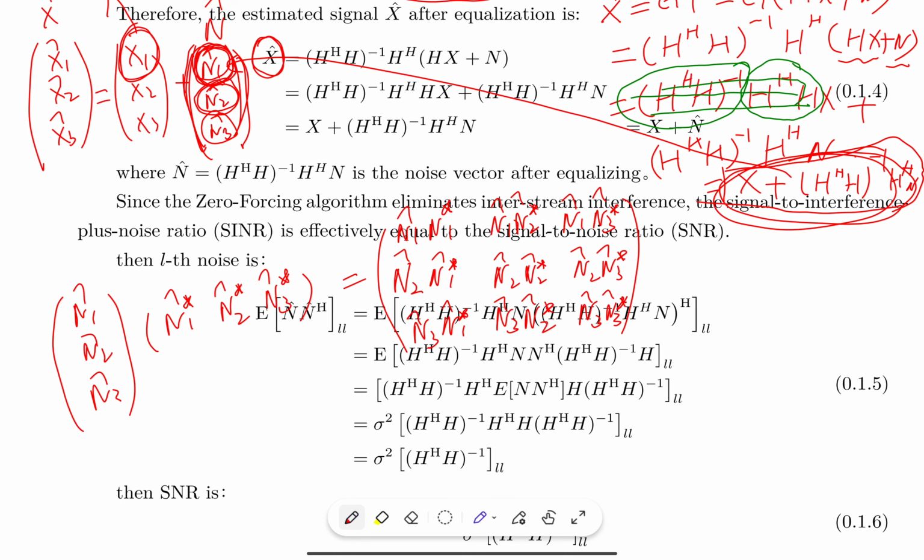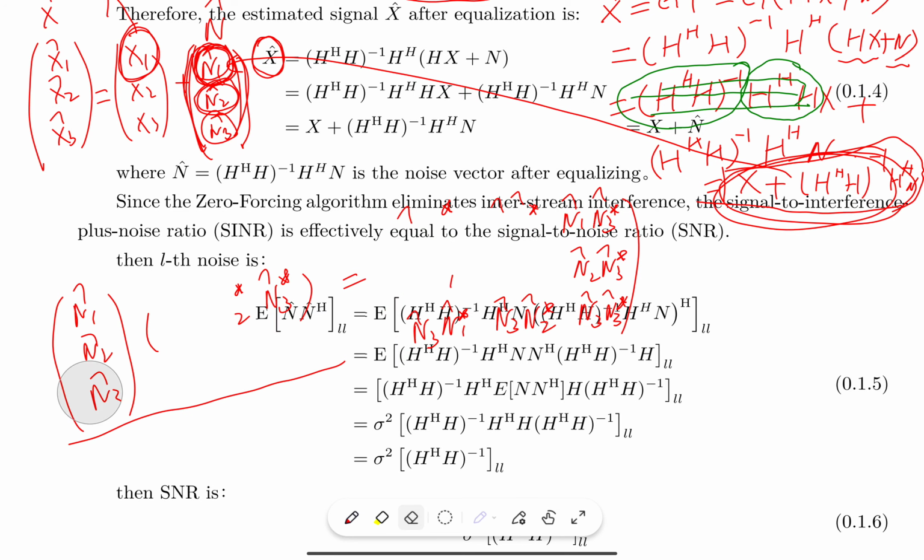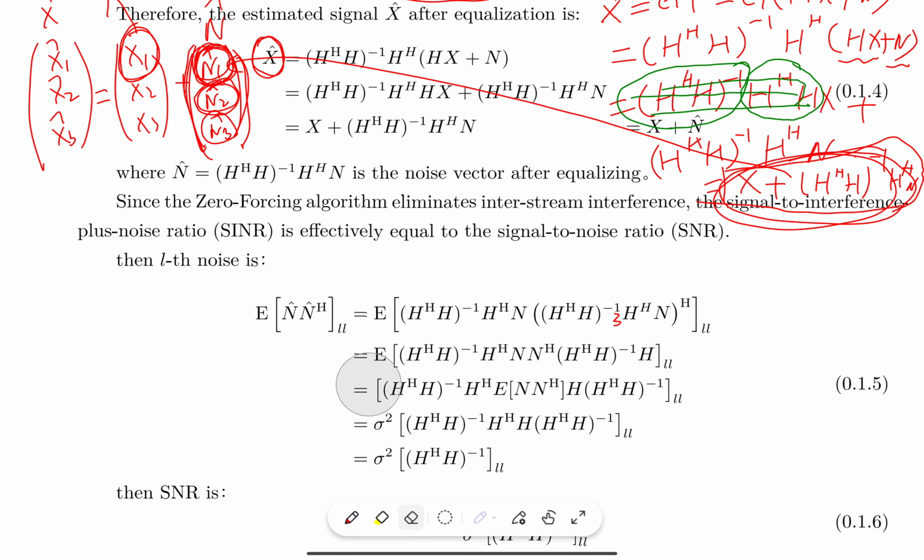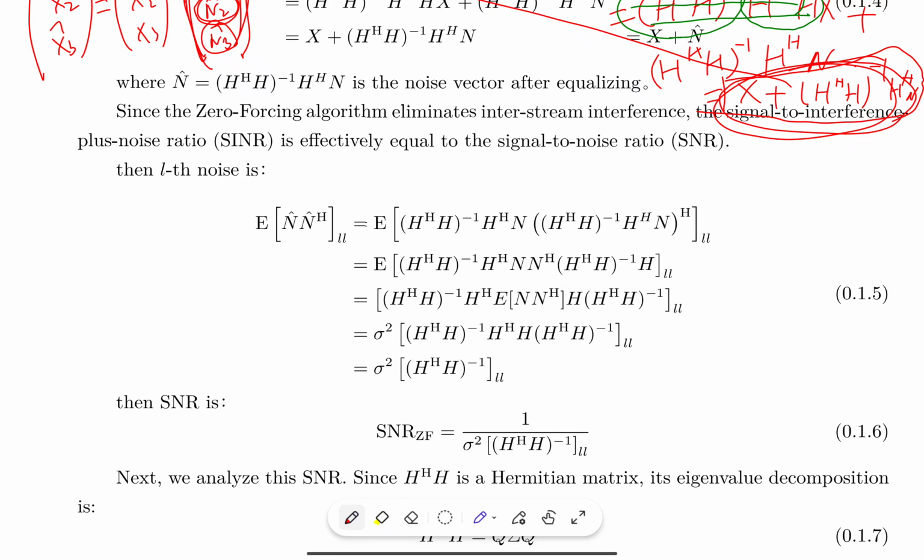Okay, we want to use this covariance matrix. Let us try to write the math equation.